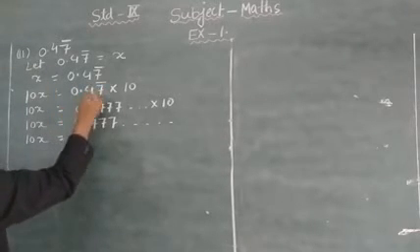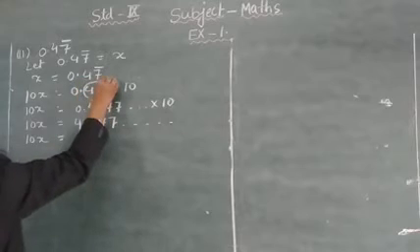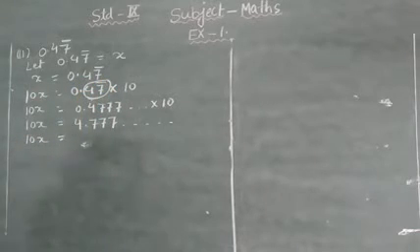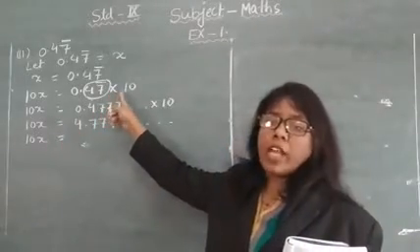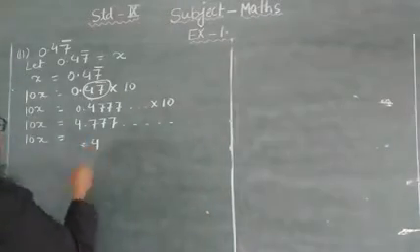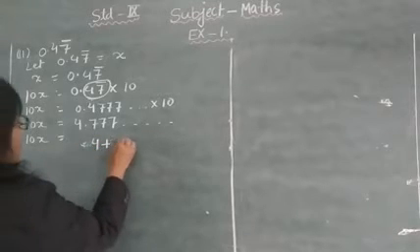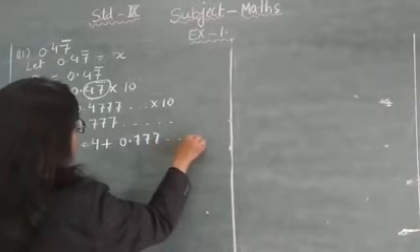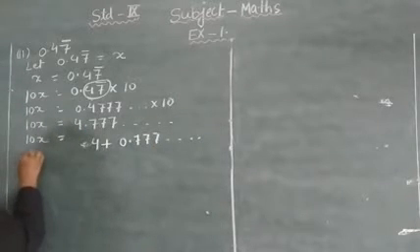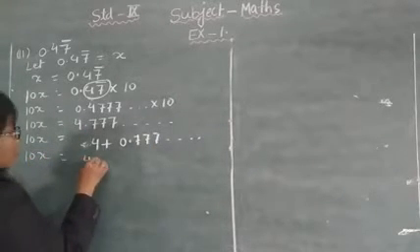We have to find out this number 47. How can we find this 47? So we will do it like this. 4 plus now 0.777, like that we can write.